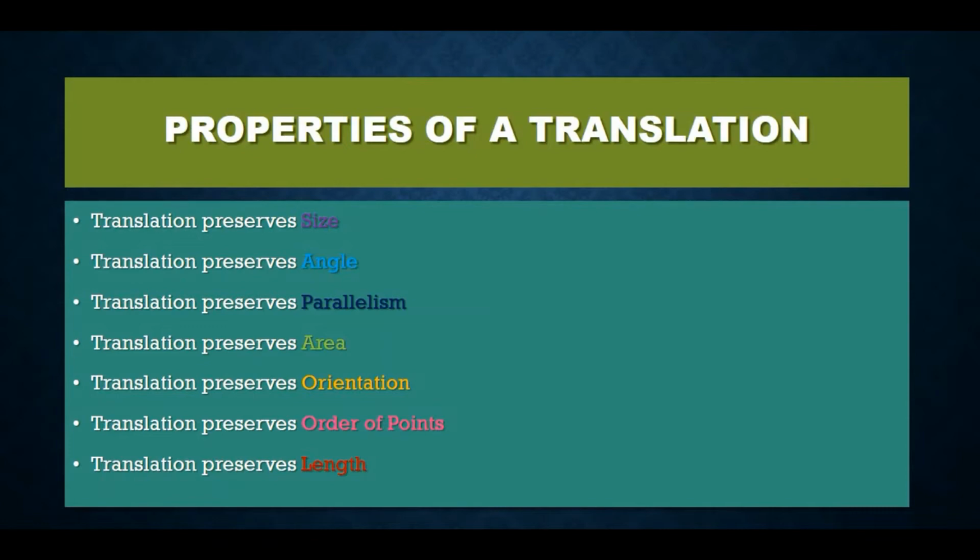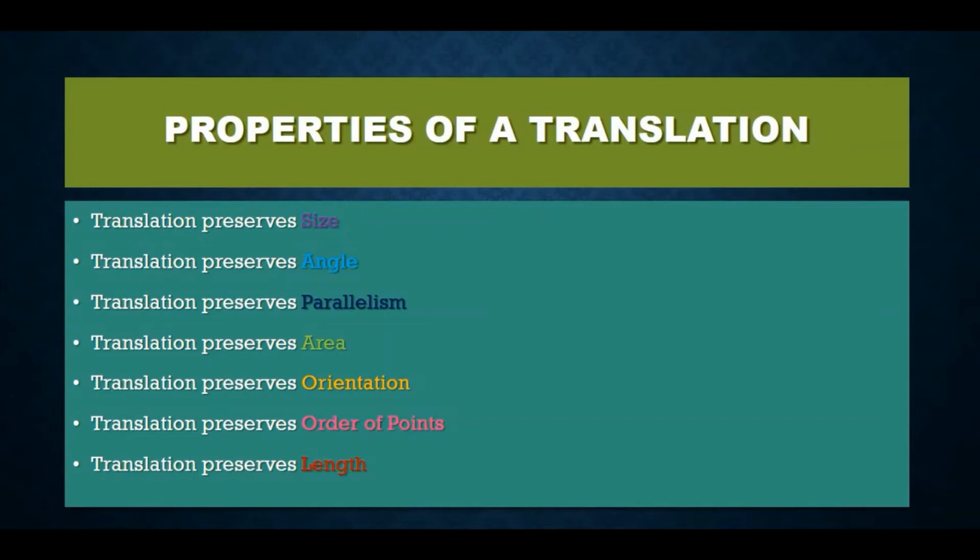Translation also preserves order of points. So the same order in which the points are in your object, it's the same order the points will be in your image. And translation preserves length. So all the lengths that you have started off with, the sides of whatever figure or object that you were translating, will maintain that length.